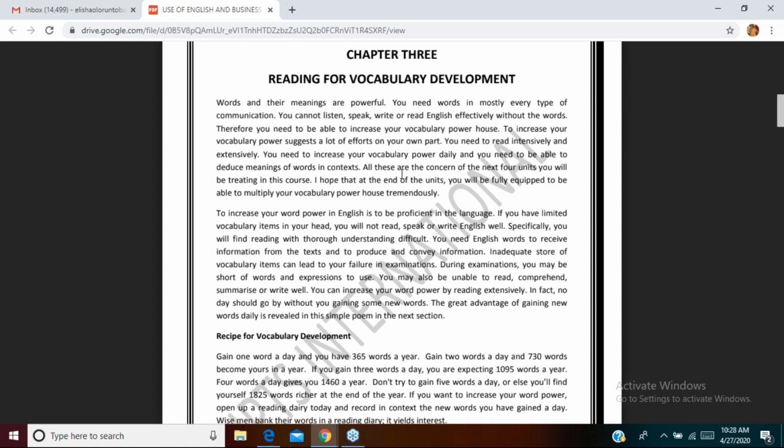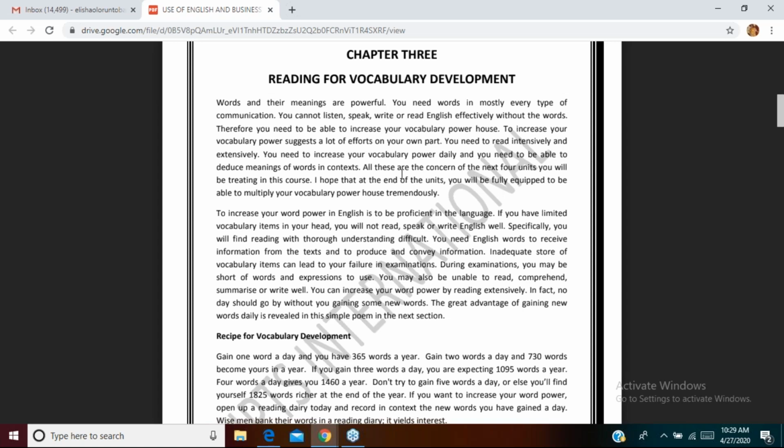Now, last week, I talked to you about the difference between boss and bus. We are talking about vocabulary development, and I said if you don't know how to pronounce words correctly, you are going to find the use of English very challenging.